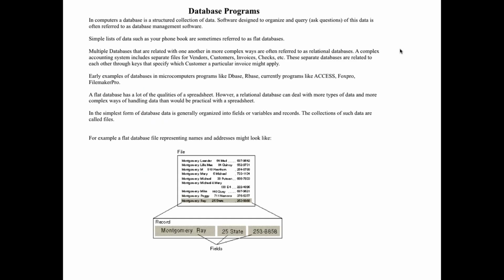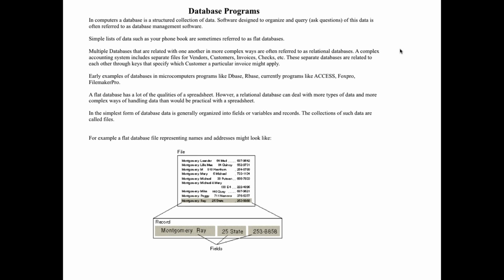Okay, now then the other thing that we may come across a little bit is programs called database programs. There are programs that are specifically designed for handling huge amounts of data so that you can organize it, you can search it well, and so on and so forth. The simplest of these might be like your contact list on your computer, right?